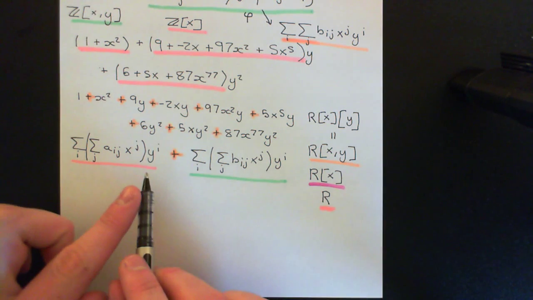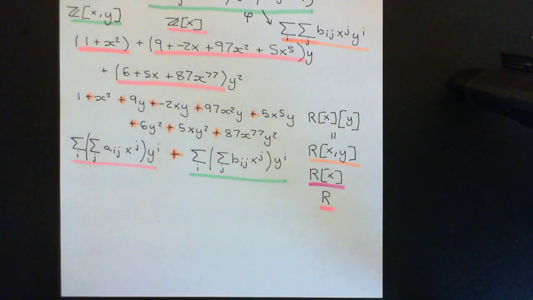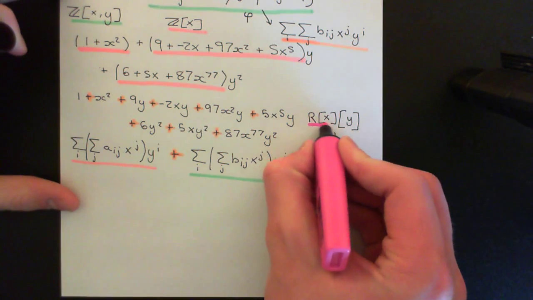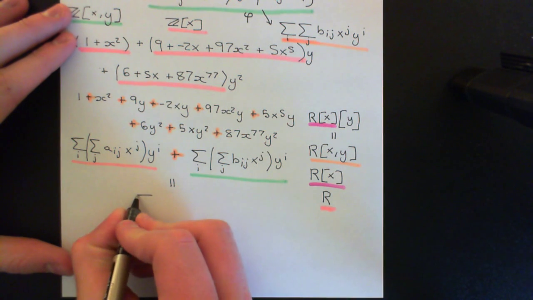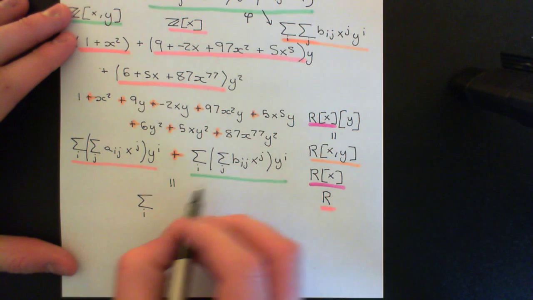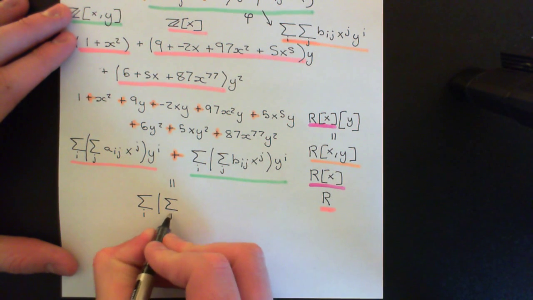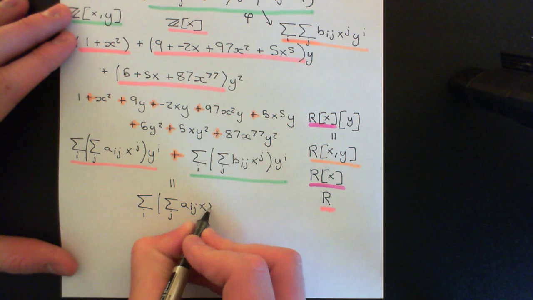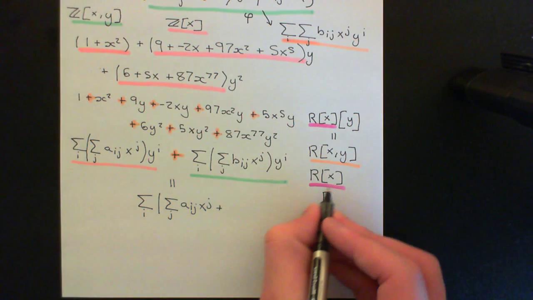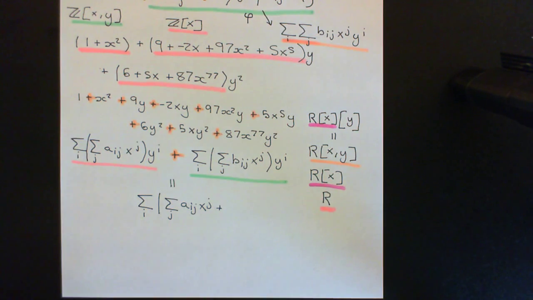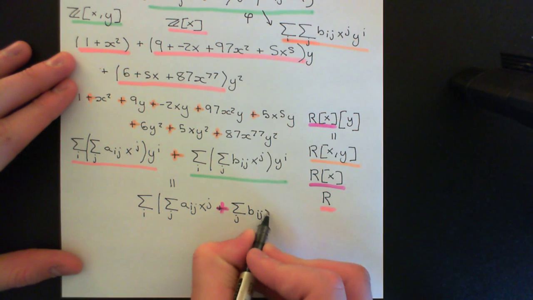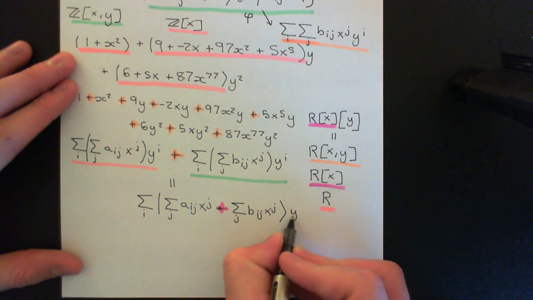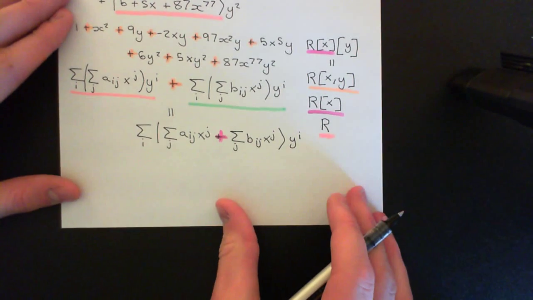So you just add the coefficients together in the coefficient ring, which in this case is our ring of polynomials in the indeterminate x over the ring capital R. Okay, so this will just become the sum over i, and then you're going to add the coefficients together, so you'll get the sum over j, a_ij, x to the j, plus, and now this addition is in this ring of polynomials in the indeterminate x over the ring capital R, so I'll colour that in purple, plus the sum over j, b_ij, x to the j, like so, and all of that's in front of y to the i here, so I'll just move this up a little bit.